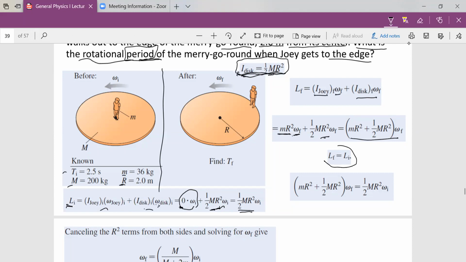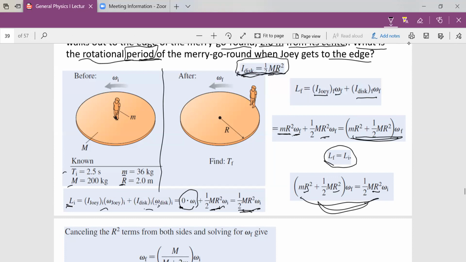So if we apply the conservation of angular momentum, which is angular momentum final being equal to initial, we have this equation being equal to this, and that is what we expressed here. So we see that R is common in all, so we can bring out R here.